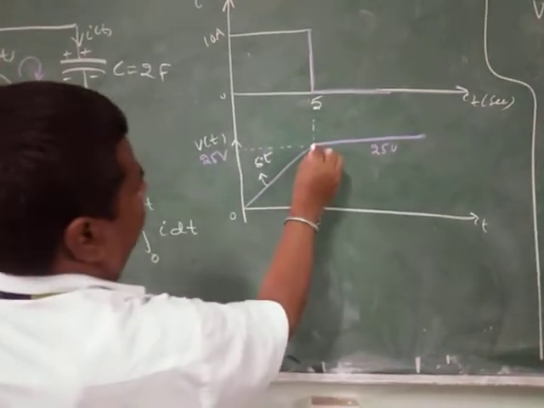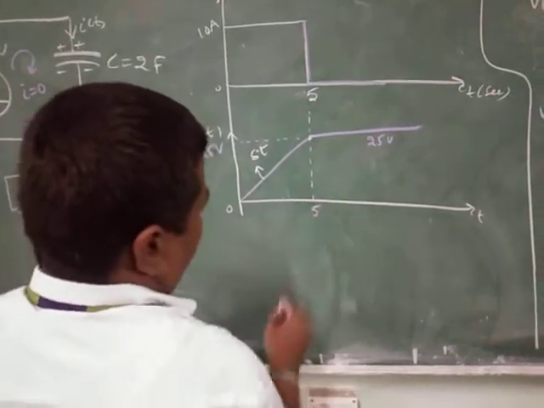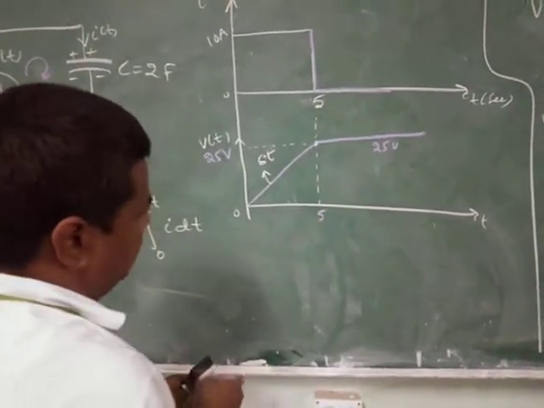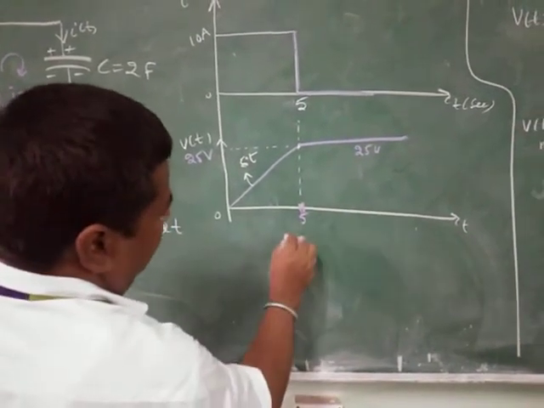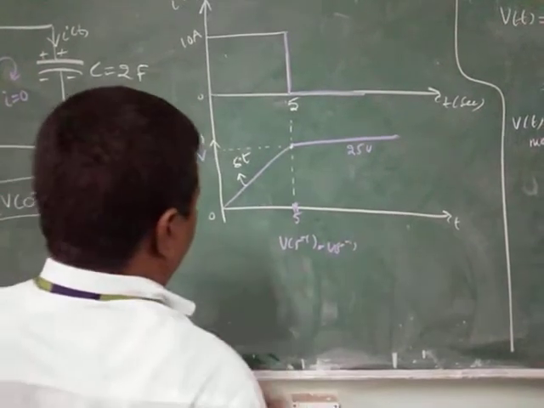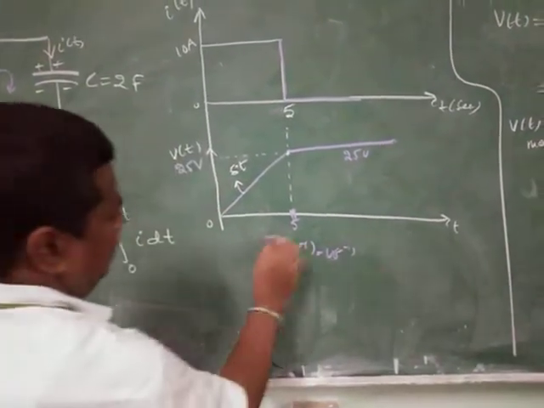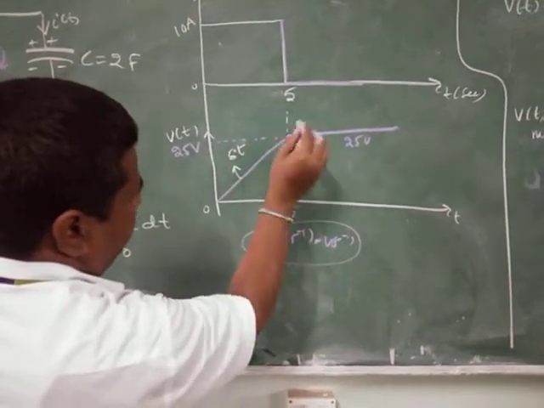Then at maximum it is 25 volts. Then at greater than 5 seconds, the voltage across the capacitor, 5 plus and 5 minus: v of 5 plus is equal to v of 5 minus. Based on the initial condition concept, the voltage before 5 and after 5 is the same voltage.